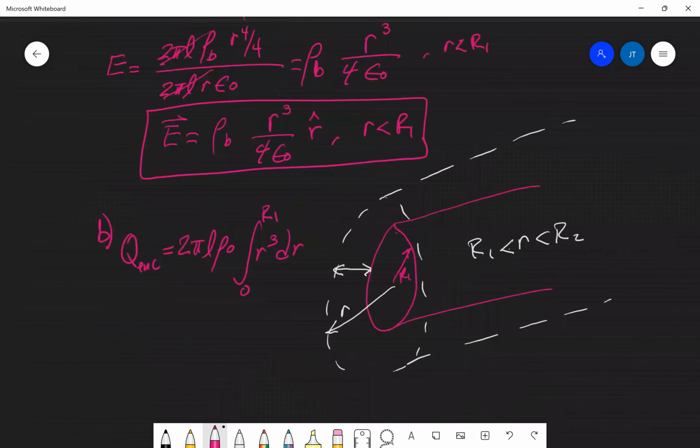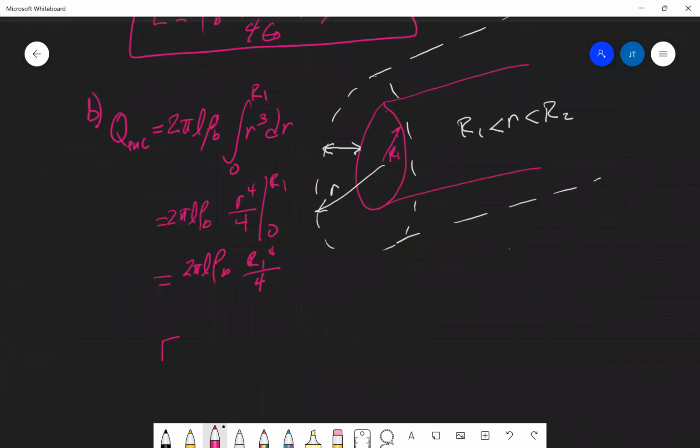I can only integrate the density up to the edge of the cylinder. I cannot go beyond that. So this will be 2 pi L rho b, r to the 4 over 4 from 0 to R1. So that's going to be 2 pi L rho b, R1 to the 4 over 4.